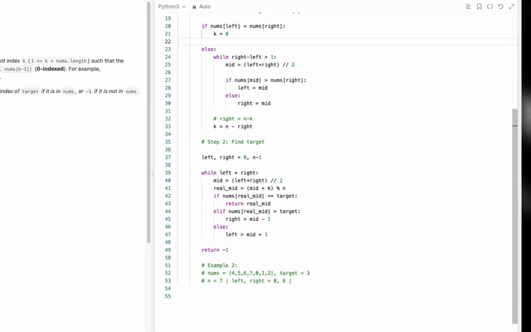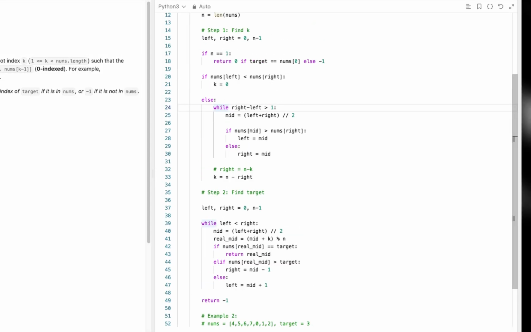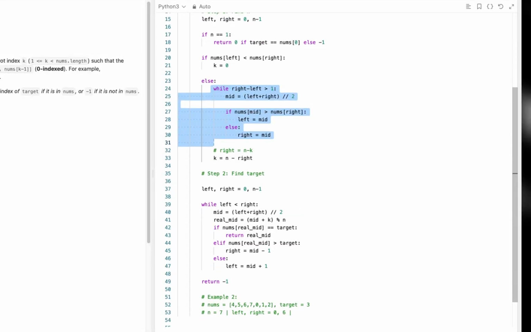Else, we do something, which is the case here. 4 is strictly superior to 2, so we end up in this spot, while right minus left, so we have at least one element in between.